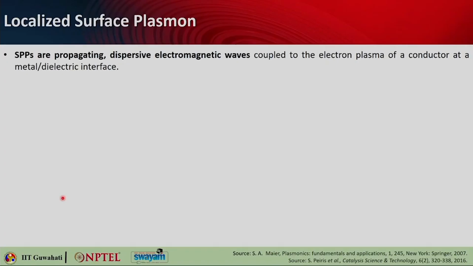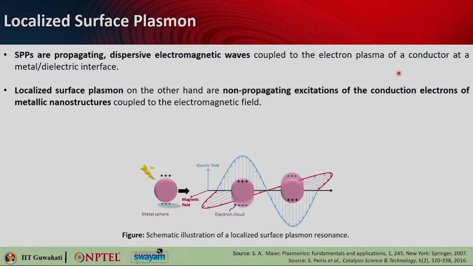So let us begin with localized surface plasmon. We have seen in the previous lecture that surface plasmons are basically the propagating waves, which we call SPPs, surface plasmon polaritons. These are propagating dispersive electromagnetic waves which are coupled to the electron plasma of a conductor, and they propagate along the metal dielectric interface.